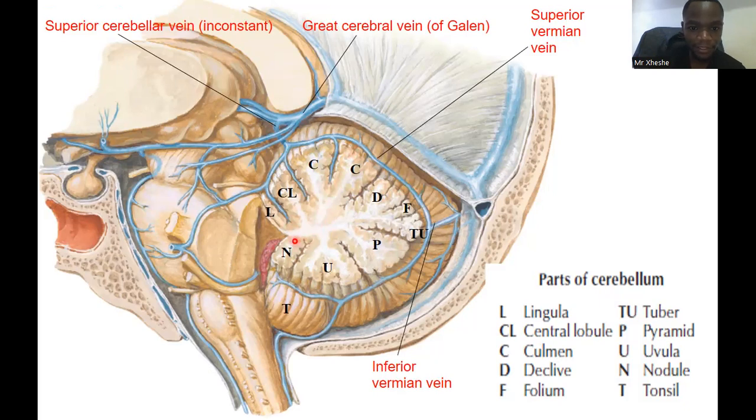So this is more like a branch, the stem, and then sends off various branches into the cerebellum. Okay. So gray matter, white matter.